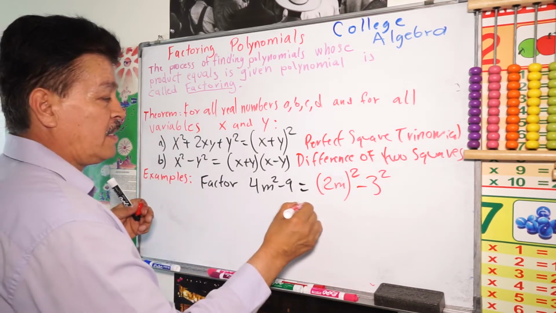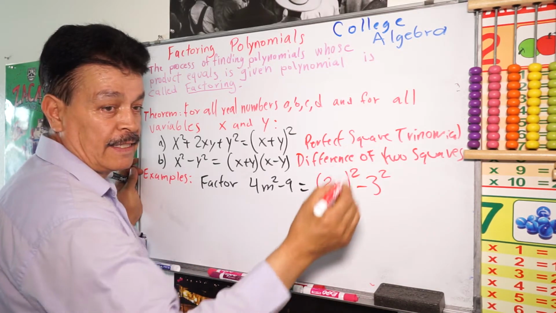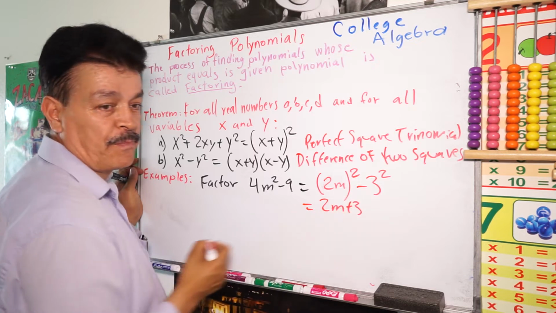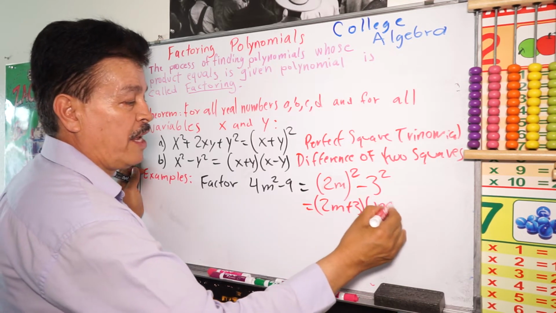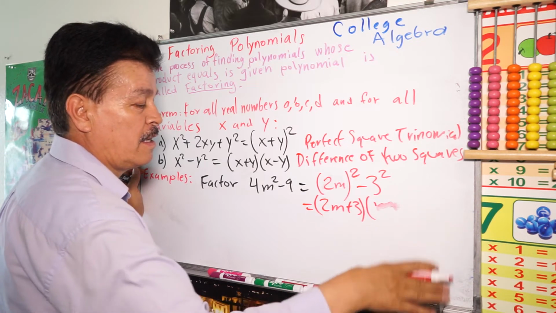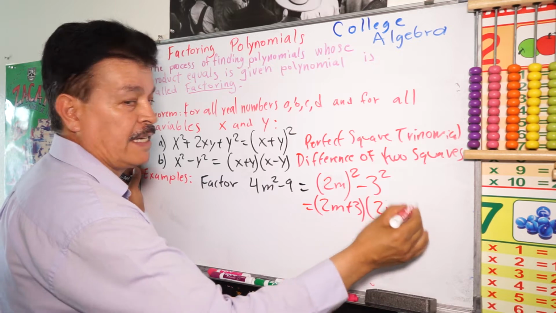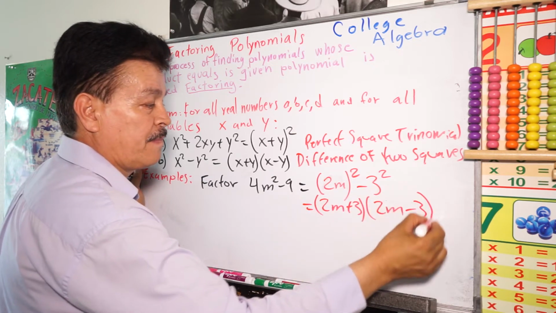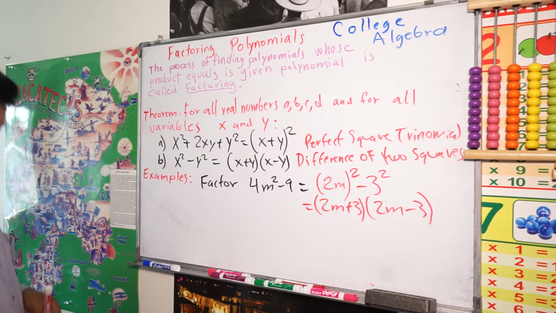You simplify this, and you are going to have 2m plus 3 times 2m minus 3. That's the answer.